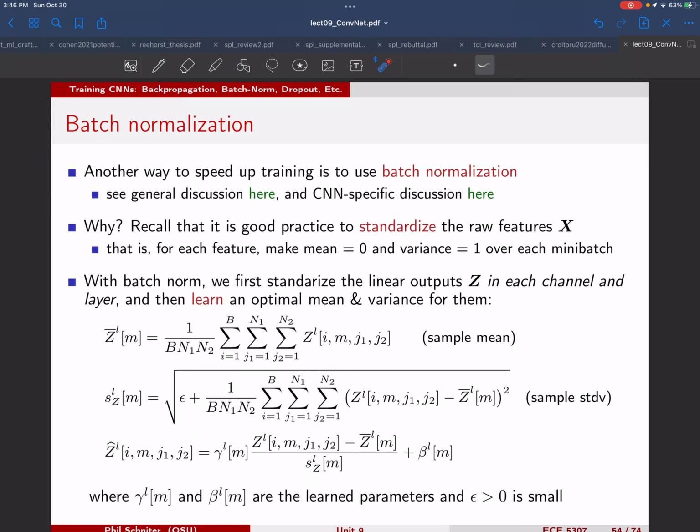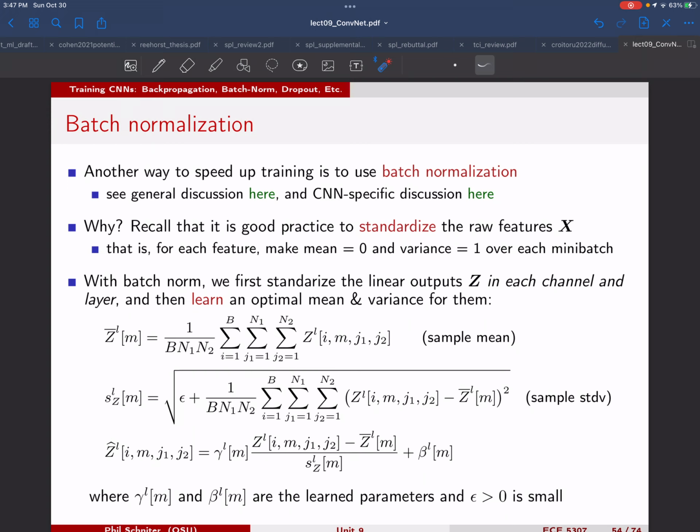And then, actually no, I take that back again, sorry. There's a couple different articles. One is specific to CNNs and one's not, just in these two links. Okay, so how does batch normalization work?